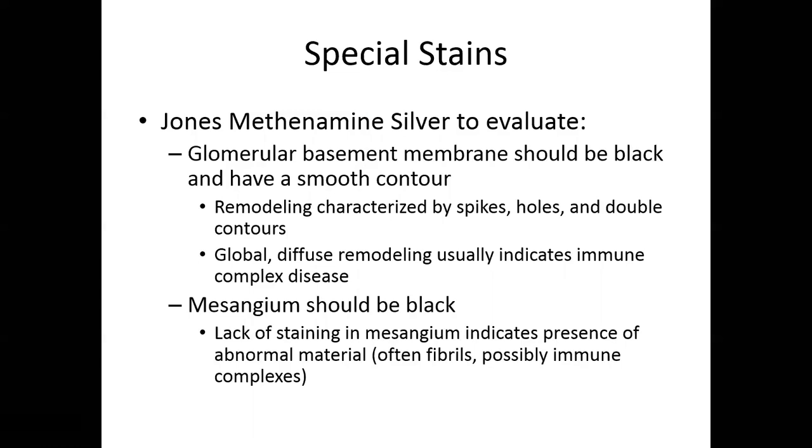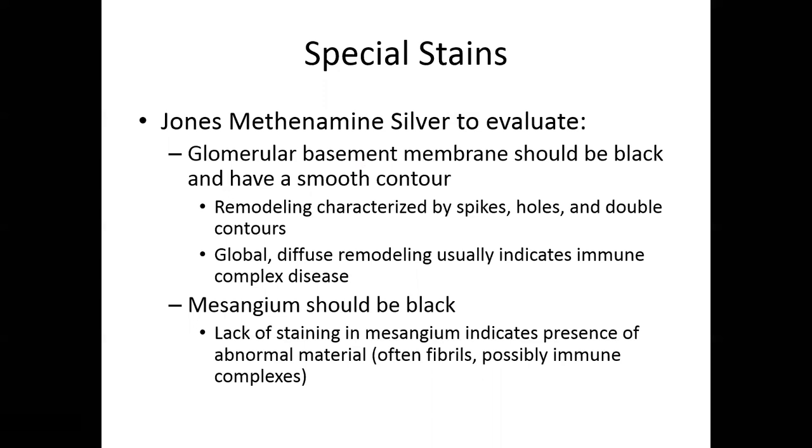And if we see spikes, if we see what we call holes, which I'll show you pictures of, if we see double contours, all of those things tell us that the glomerular basement membrane has been remodeled. If you have a biopsy or an autopsy specimen and there is diffuse remodeling, so all glomeruli are remodeled, then you're really worried that there is going to be underlying immune complex disease.